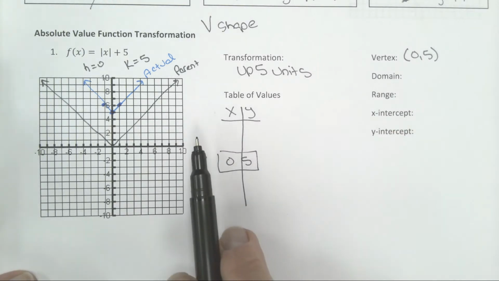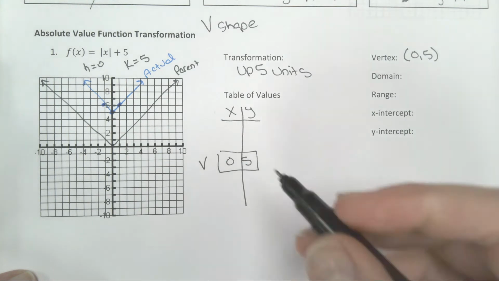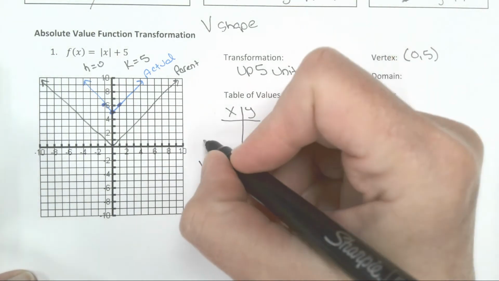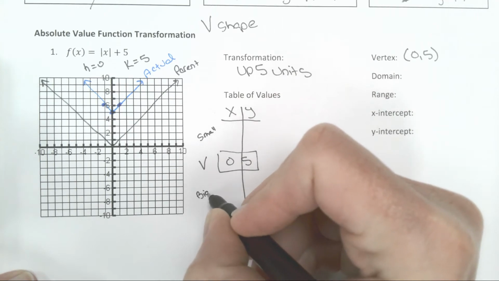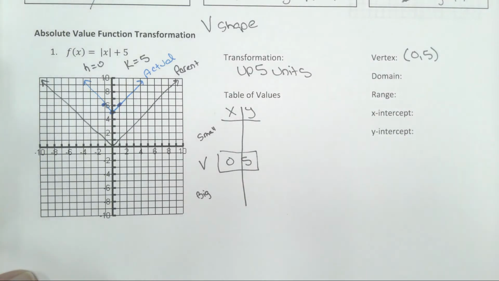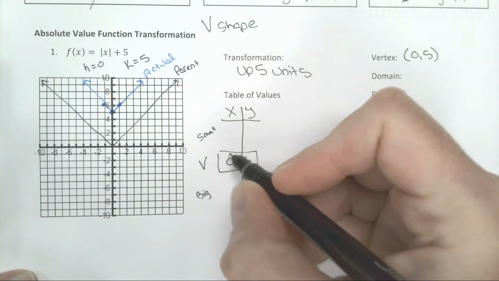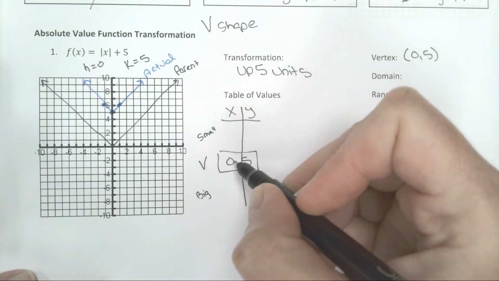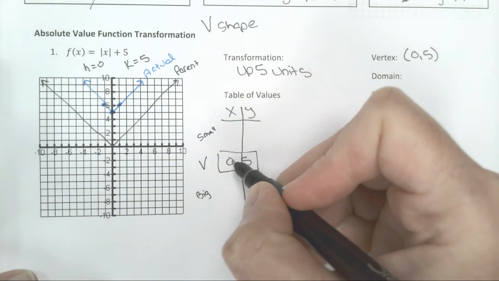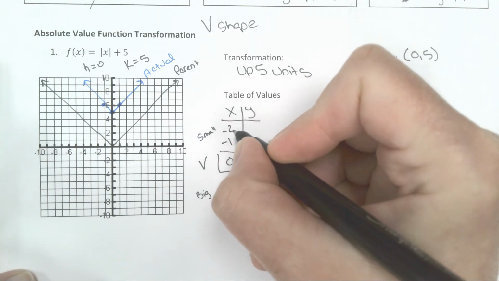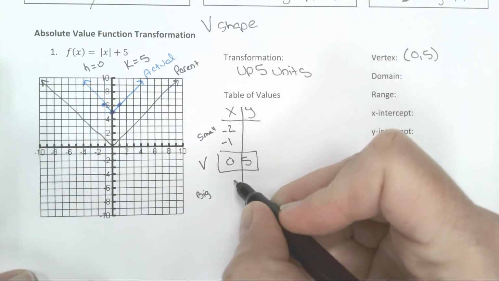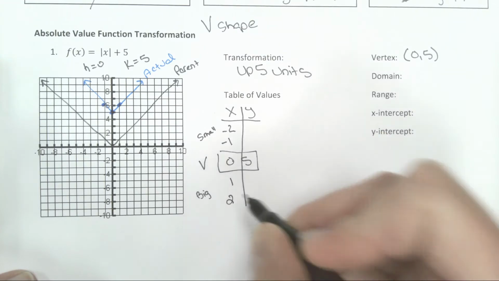And then since I know that there is symmetry, I always choose 2 smaller points and 2 bigger. It's all about whatever this starting x value is. So from 0, if I were going to go smaller, that would be negative 1, negative 2. And if it were going to go bigger, that would be positive 1, positive 2.